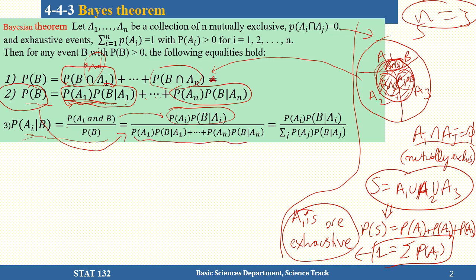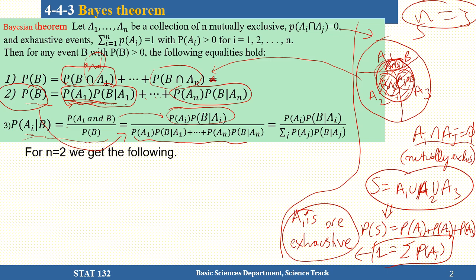The probability of Ai given B is equal to the probability of Ai times the probability of B given Ai, divided by the sum of all the products of the probability of Aj times the probability of B given Aj. Now, this is the general rule.